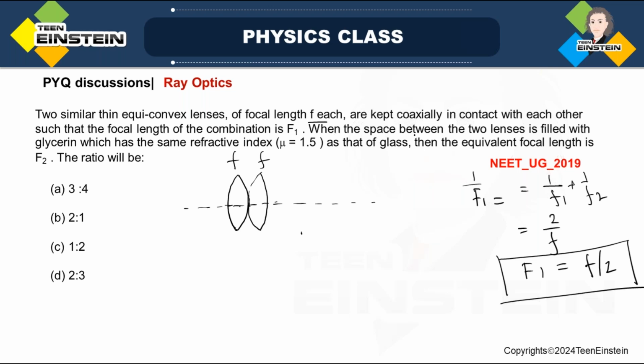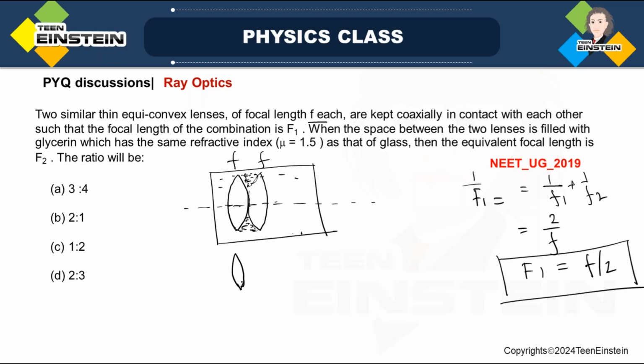Now second thing is, when the space between them is filled with glycerin, now look, it is filled with glycerin. So what will happen, this place will act as another concave lens. So I have now a combination of three lenses.